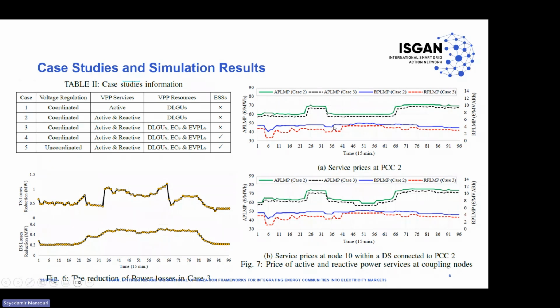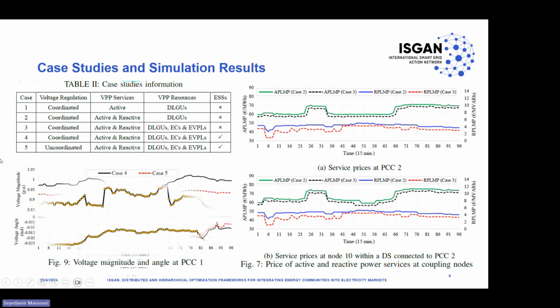You can compare these prices in different cases, and you can see we have reduced these prices because these prices depend on their providers, and by unlocking these balancing services from demand-side resources, we could reduce these prices.